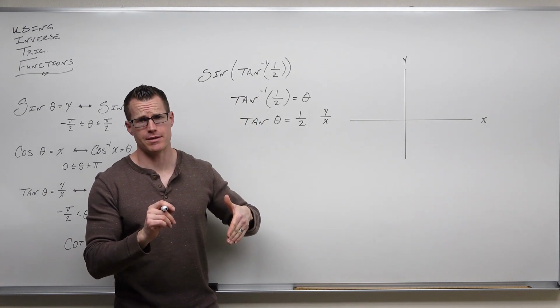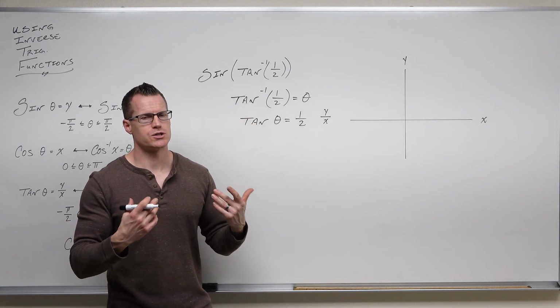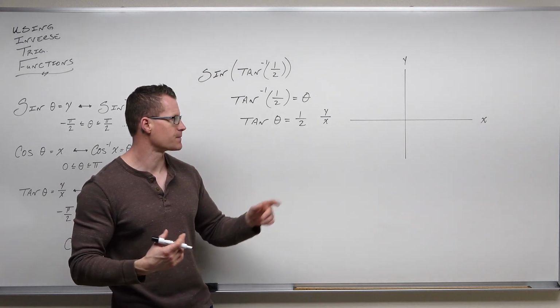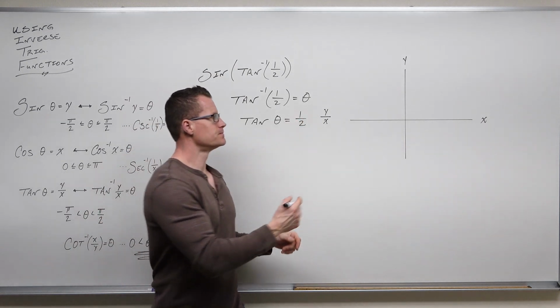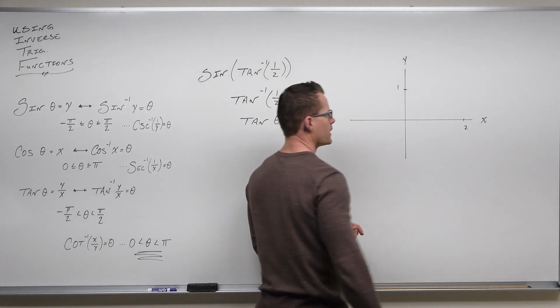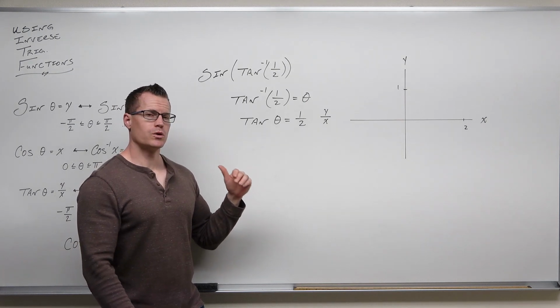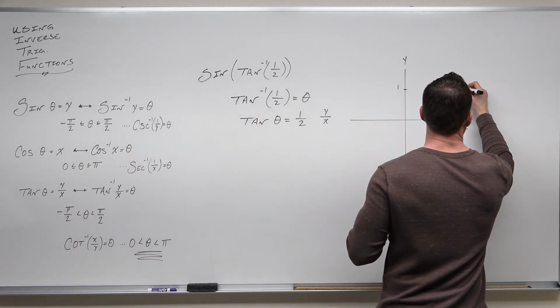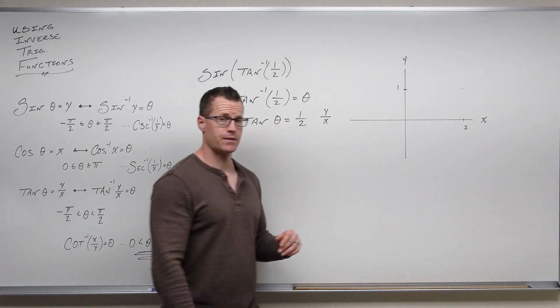So you have to obey that. Otherwise, you'd be able to draw two triangles here. For instance, a y of 1 and an x of 2 would put a point right there.